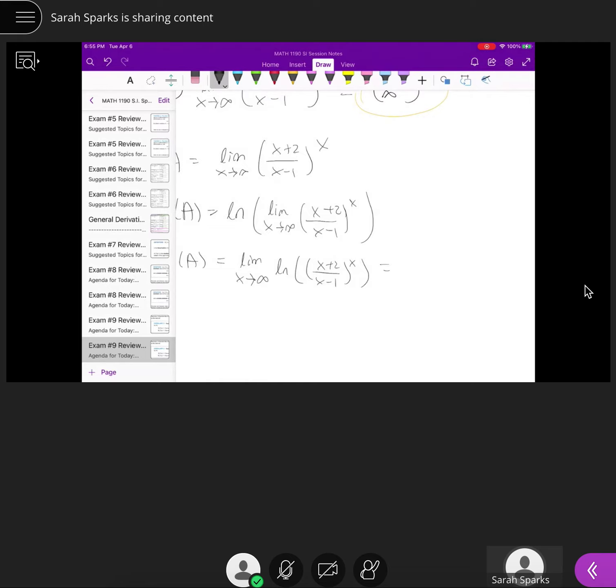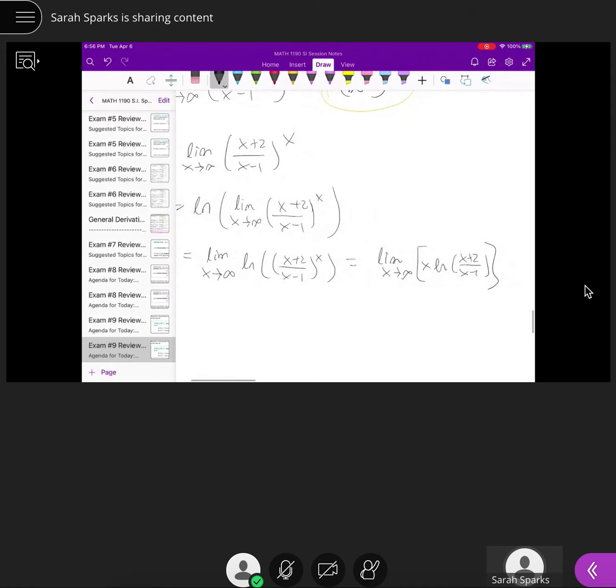So we get the limit as x goes to infinity of x times the natural log of x plus 2 divided by x minus 1. Does anyone remember what we would do from here in order to get this into a form that we could use L'Hopital's and evaluate?